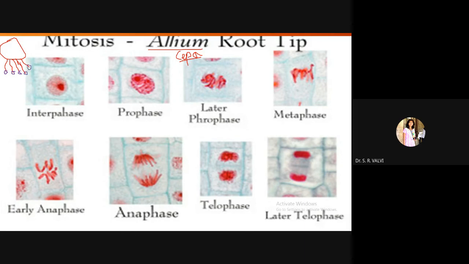We warm up these onion root tips for only 1 minute, and then we place acetocarmine on it, then place a cover slip, and with the help of our thumb we press that particular root tip, and then we observe first at 10x, then under 40x. So under 40x you will see these kinds of phases.